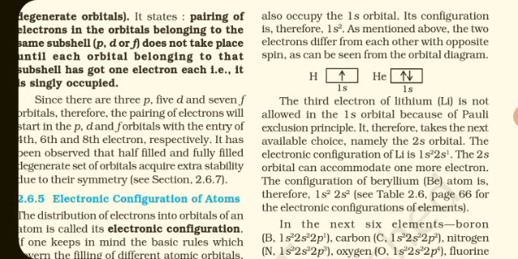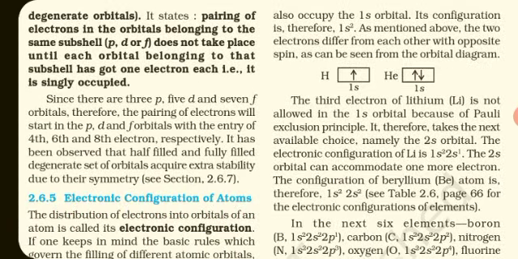See the right hand side, first line, right hand side column. Its configuration is therefore 1s2 as mentioned above. The two electrons differ from each other with opposite spin, as can be seen from the orbital diagram. So for hydrogen we will write 1s and an upward arrow, and for helium we will write 1s, and in the box we will write two arrows, one showing upward direction and another showing downward direction.